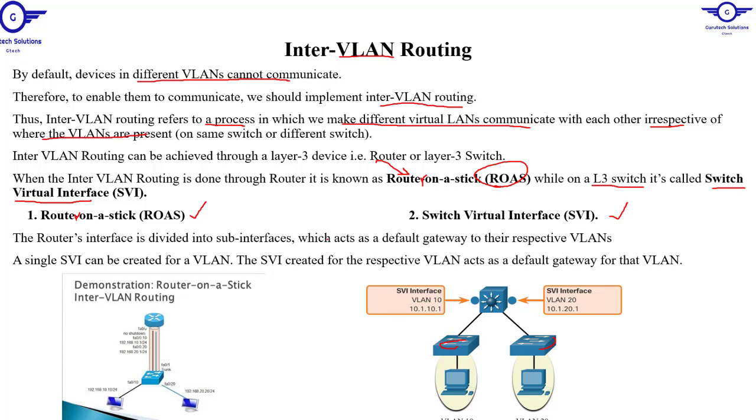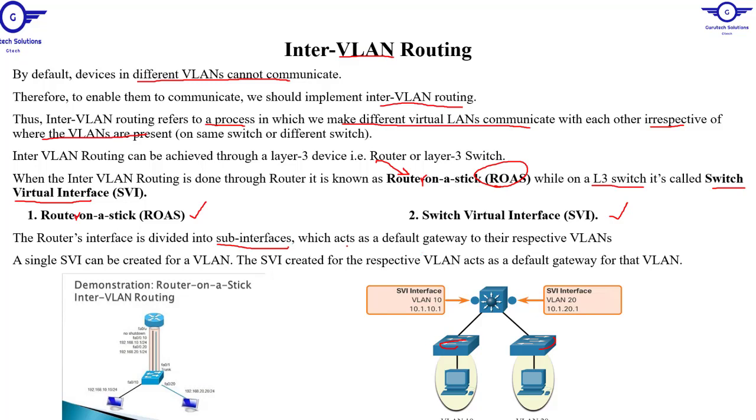If we had VLAN 10, VLAN 20, VLAN 30 in our network, we are going to create sub-interfaces on a router. If the physical interface was gig 0/0, then the sub-interfaces can be gig 0/0.10, gig 0/0.20, gig 0/0.30 according to VLAN number.